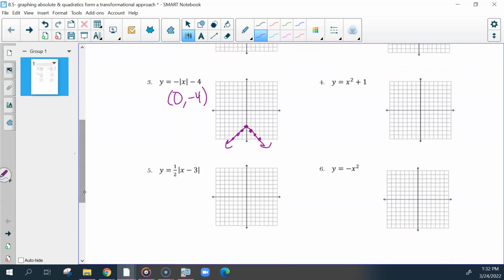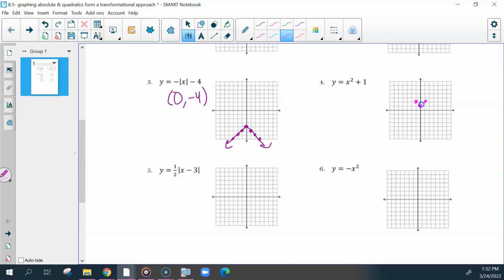Okay. Number 4 is really easy because it's taking your parent function and it's just moving up 1. So instead of 0, 0, it would be at 0, 1. Instead of 1, 1, it would be at 1, 2. Instead of negative 1, 1, it would be at negative 1, 2.